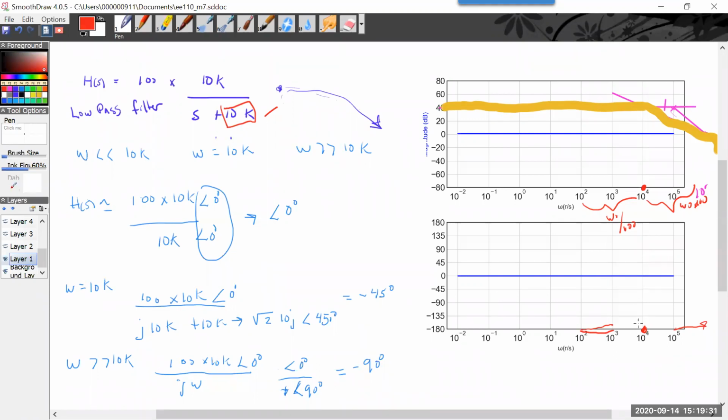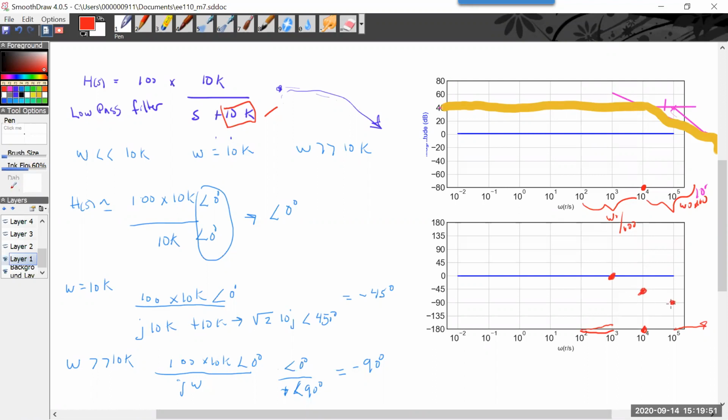The thing with the phase is, you just kind of know that for real poles and roots, you go a tenth below and above. So we started off at 0. At the pole, it's minus 45. And again, this is just for a single pole.